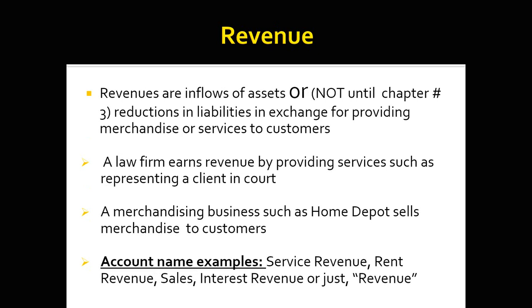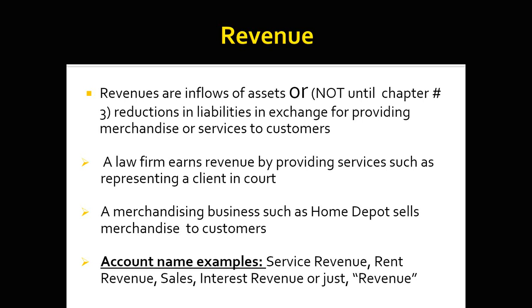All right, now we're going to talk about the fourth main element, revenues. So what are revenues? Revenues are inflows of assets, or, not until Chapter 3, reductions in liabilities in exchange for providing merchandise or services to customers. So, in the example of an accountant, that accounting firm would earn revenue by completing a tax return.